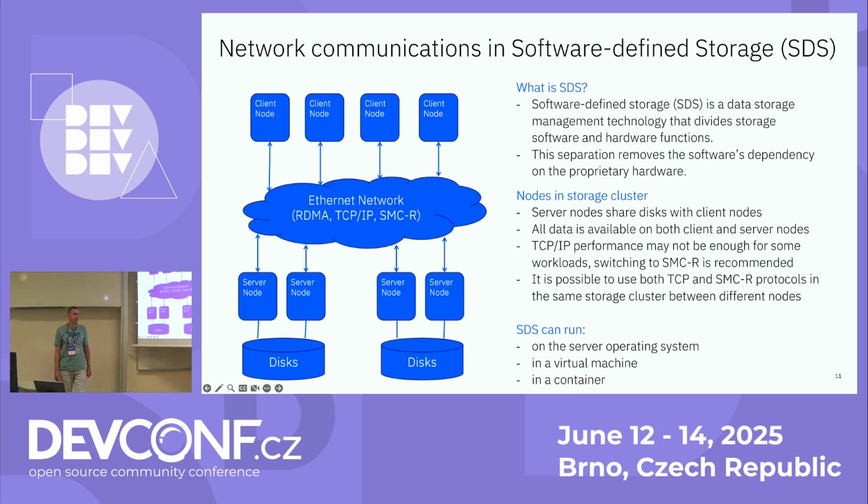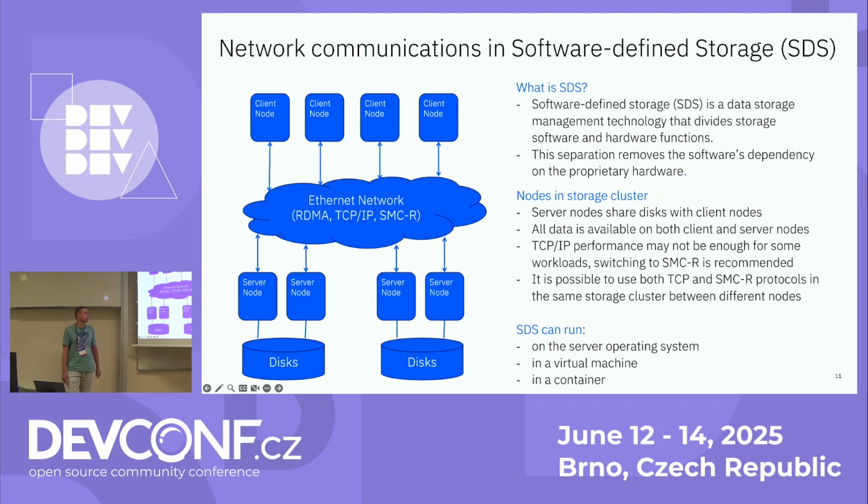The cluster can be configured in various ways, and on this slide, you can see an example of a configuration that is often used in large clusters, the network shared disk client-server configuration.